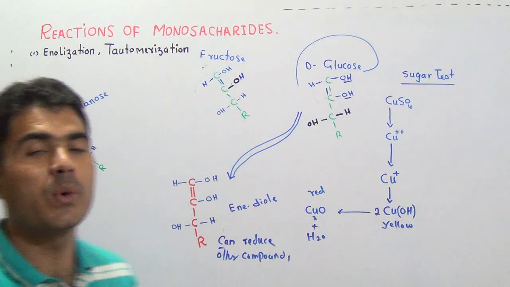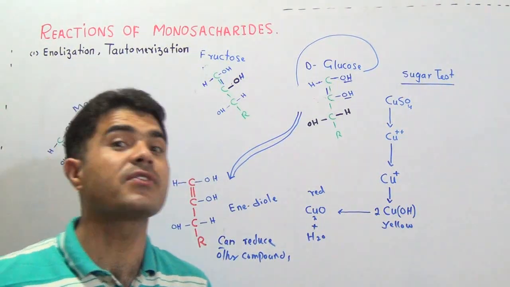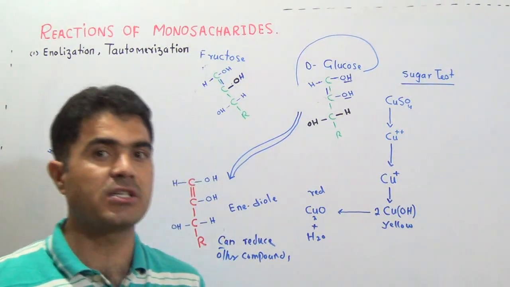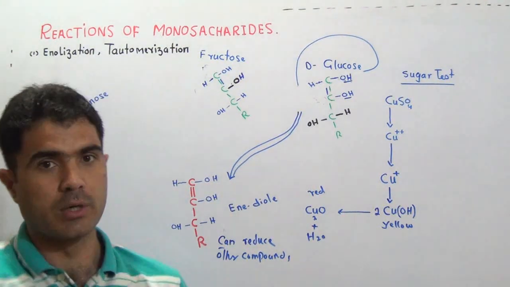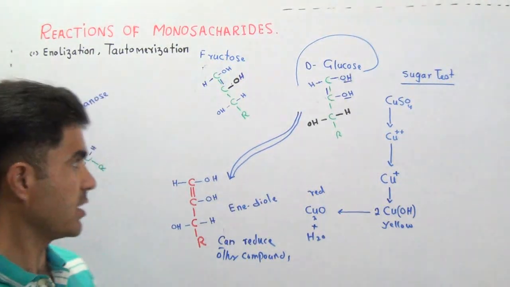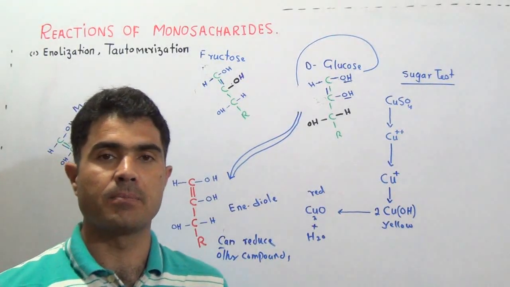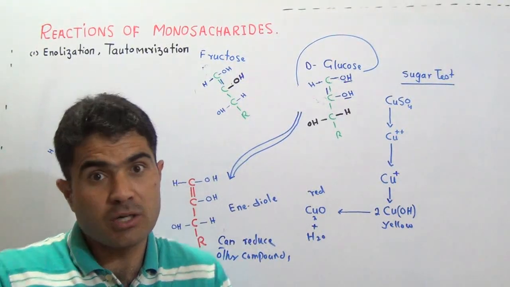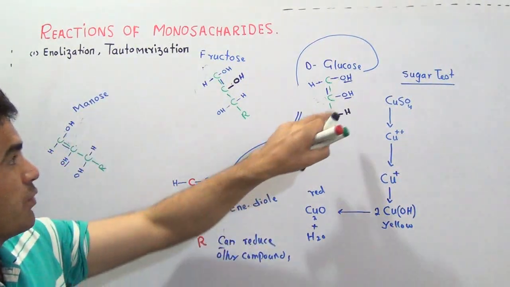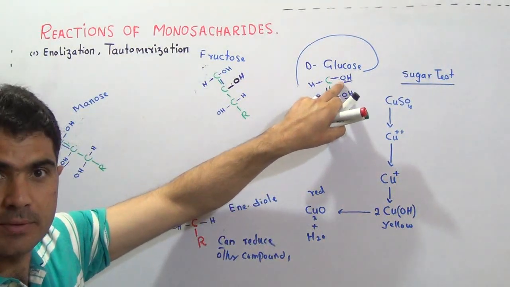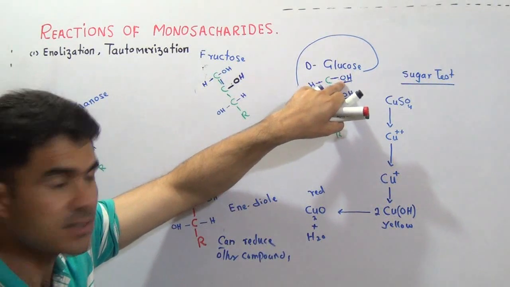So now we will go to a laboratory test, the identification test for sugar. That is how we identify sugar. Any sugar, if it has a potential aldehyde group or ketonic group, both. Like glucose, we have a potential aldehyde group, a free aldehyde group is present.